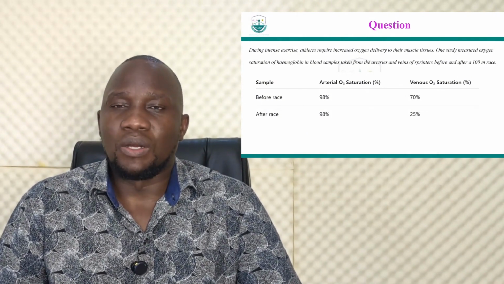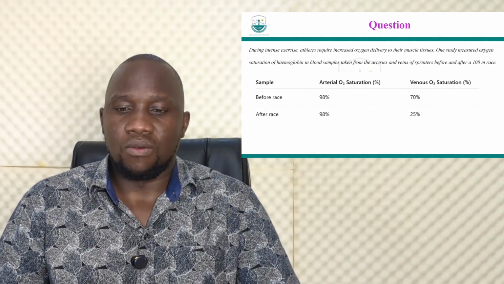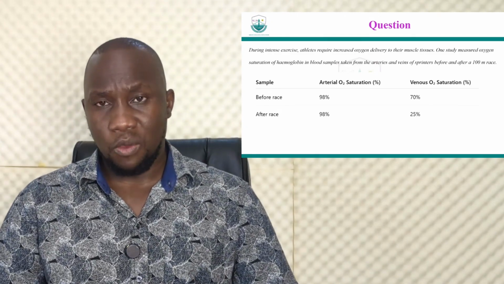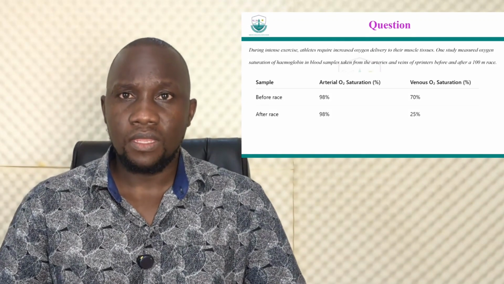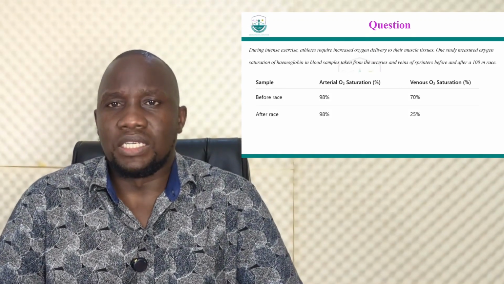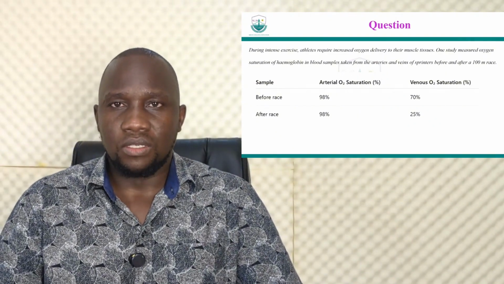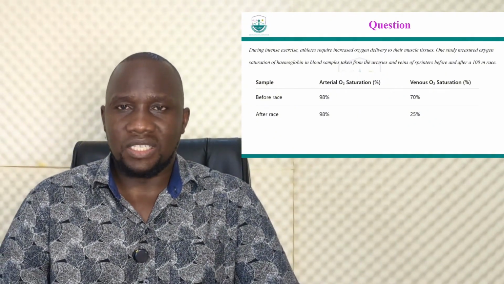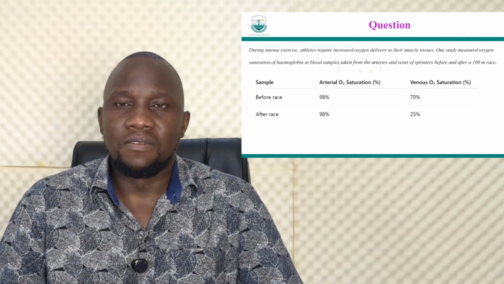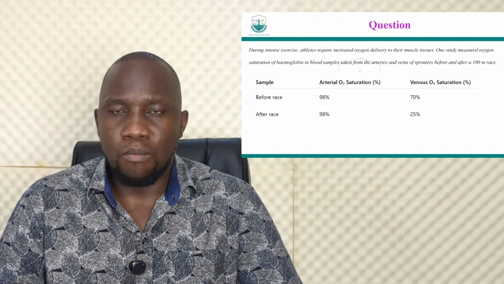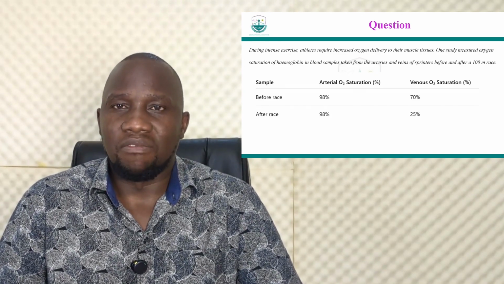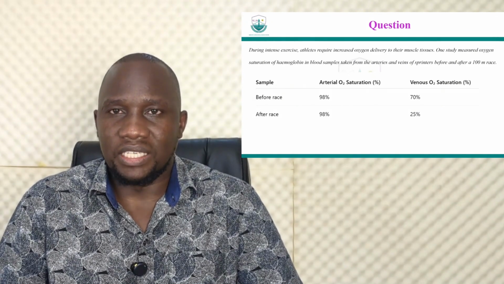Okay, so we want to look at the concentration of oxygen before the race and after the race. What could you expect in normal situations? Even before we look at the questions, we could expect that when someone is engaged in an intense activity, their body is respiring at a high rate to make sure that they have the energy required for this exercise.